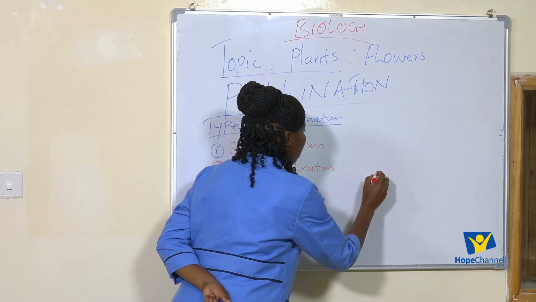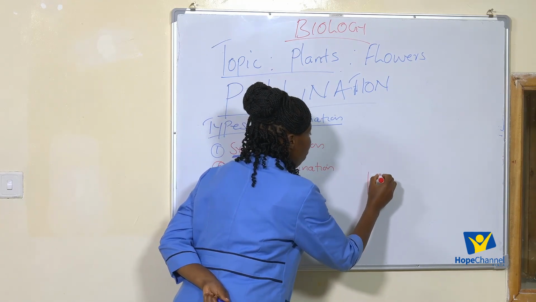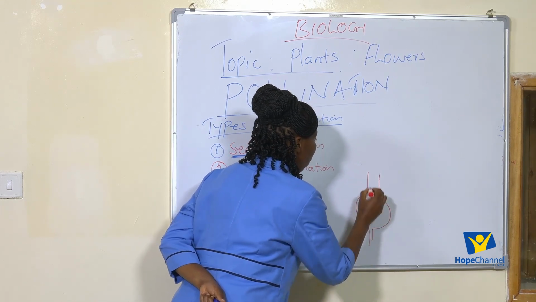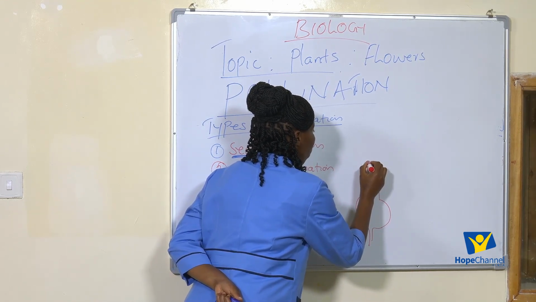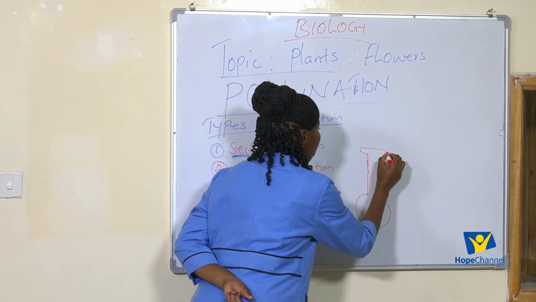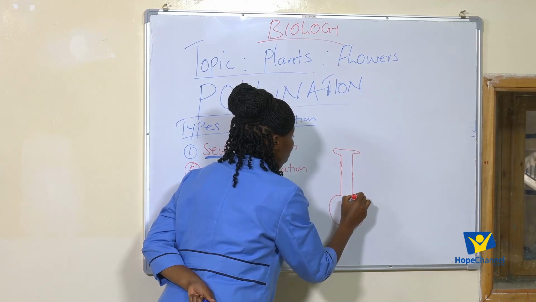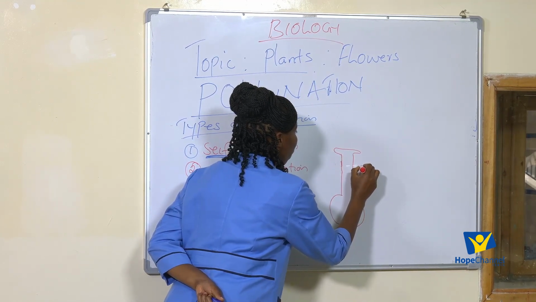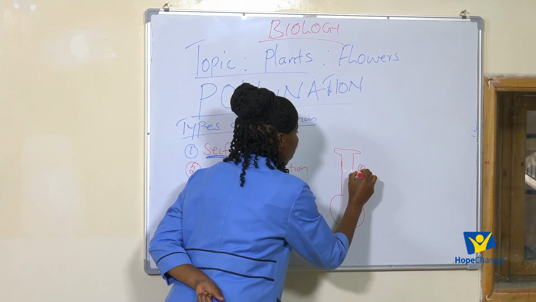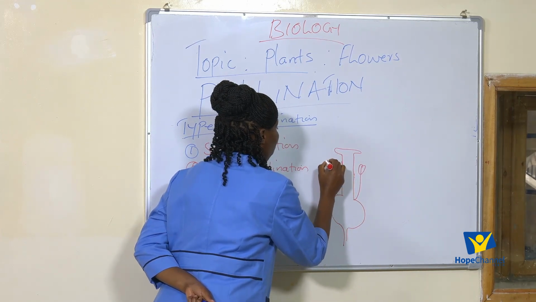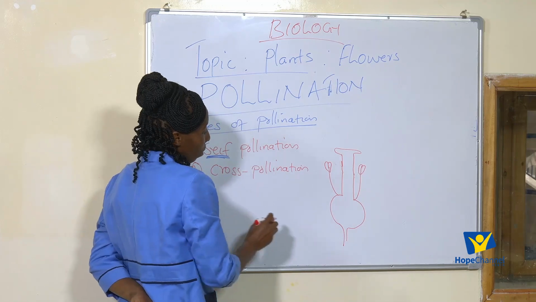So, for example, in this case, I may have a plant, and this plant has a flower. Of course, the flower has the stigma, so we say that is the stigma. Then we have the anthers. We have another one here. So we have the anthers.